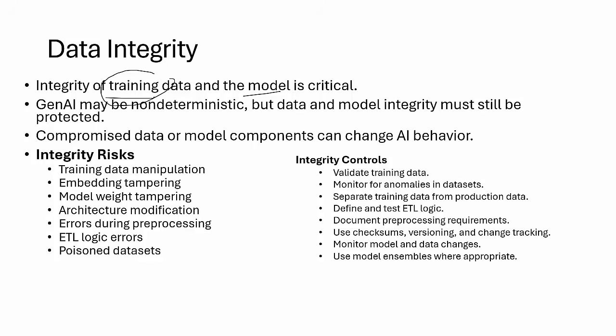Now, one more important thing we have to look at here is architecture modification, where the model structure is changed without approval. Another important thing is monitoring the data sets. We should look at how the data is monitored.